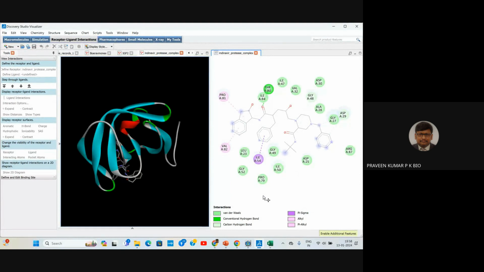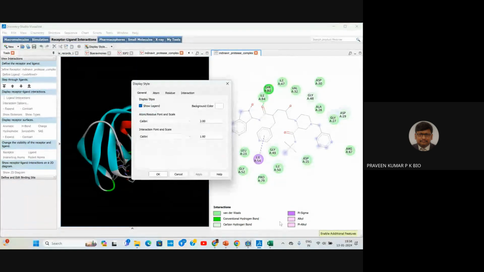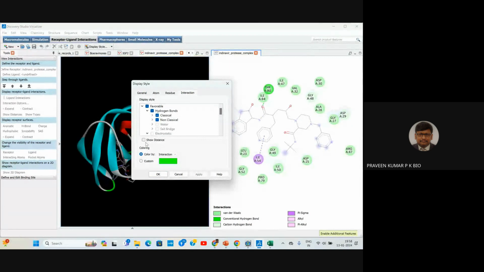So in this 2D diagram, if you want to check the bond length, right click here, display style, okay, and you can even find the distance, the bond length. Okay, if you see here the hydrogen bonds, you have both classical hydrogen bonds and non-classical hydrogen bonds shown here.